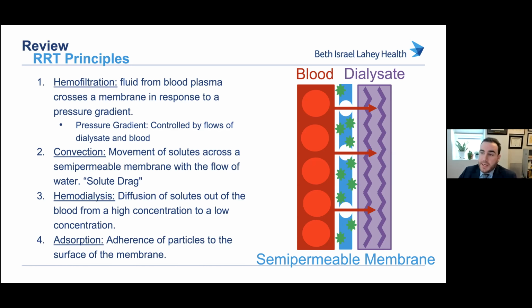So absorption can be used, and various manufacturers of these filters have used absorption to try to get cytokines, interleukins, and other toxins to adhere to the membranes, to take them out of the blood in the case of sepsis and other cytokine inflammatory conditions. Absorption isn't really going to be talked about too much after this point.